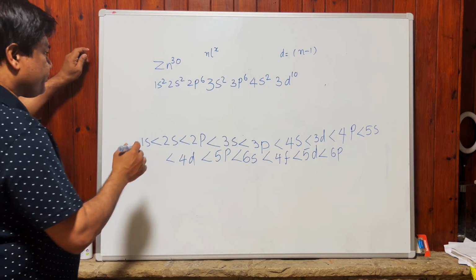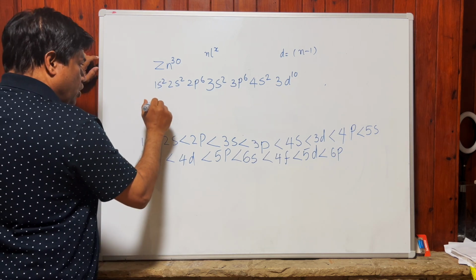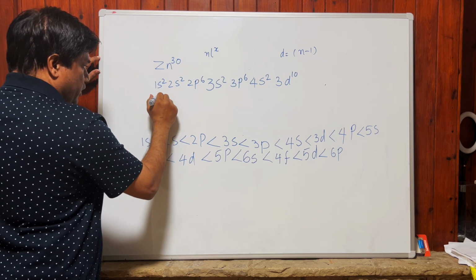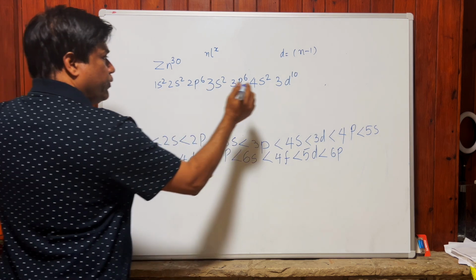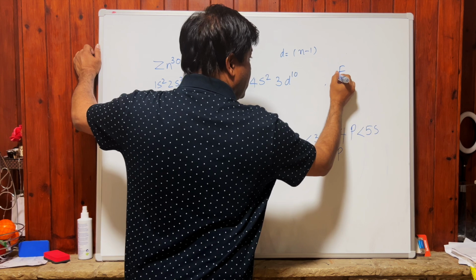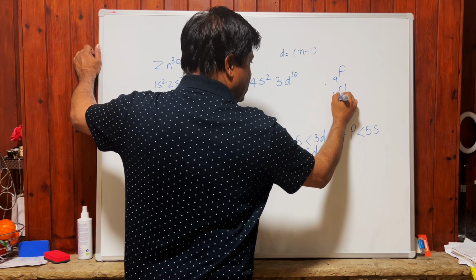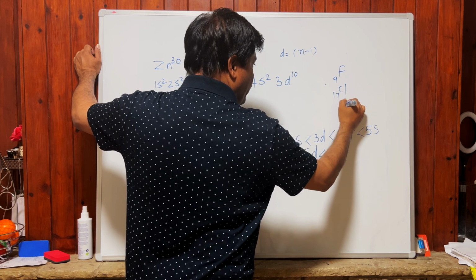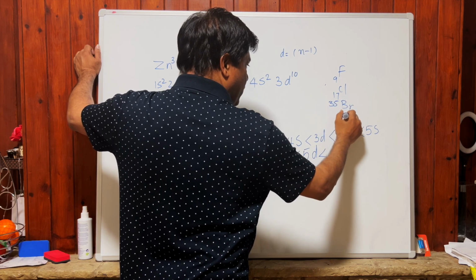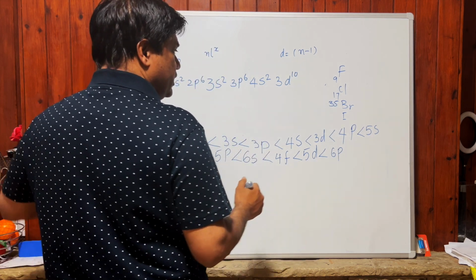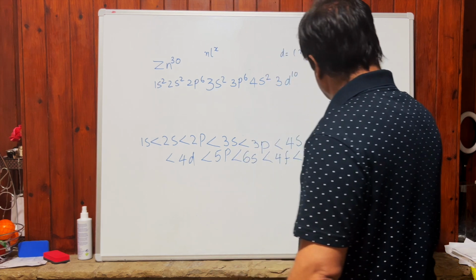Okay, now can we write the electronic configuration of fluorine 9, chlorine 17, bromine 35, iodine 35 plus 18, 53.